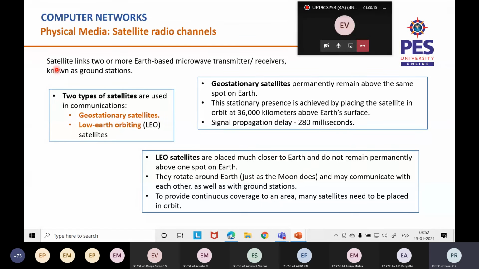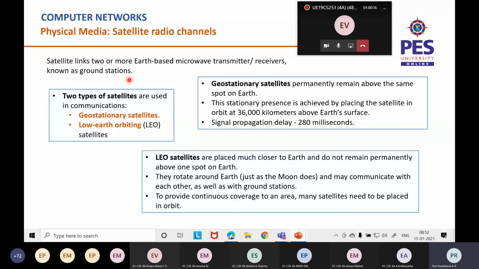By now I need not explain all these things, but just a quick note, you would know how a satellite transmission happens. So basically there are two types of satellites: geostationary satellites and LEO satellites. LEO satellites are nothing but low Earth orbiting satellites.